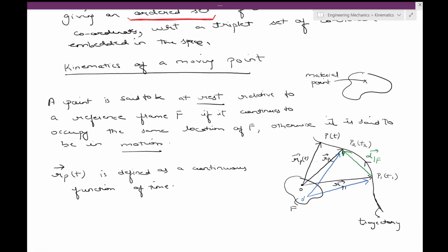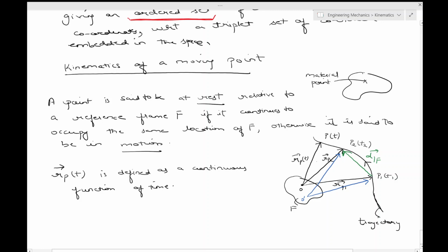Now here is a riddle which you should try to answer. Why is this needed? Why is this definition, and by this we mean this continuity? The answer will follow indirectly, but you should look out for this. So we are defining Rp of t as a continuous function of time, and let this moving point P, as I have already said, occupy the locations P1, P2 of the reference frame F at times t1 and t2 respectively.